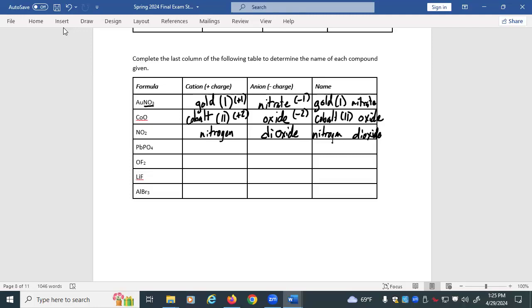Any questions with any of these nomenclature problems?